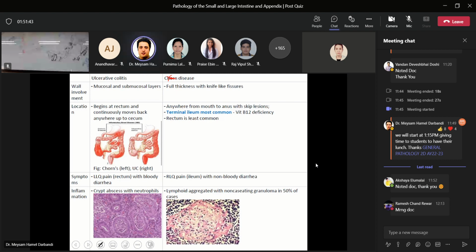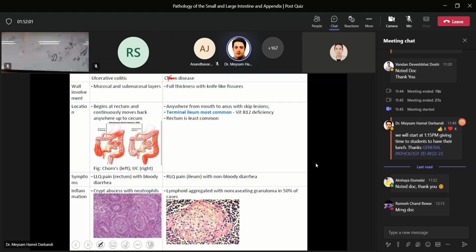That takes place in the ileum. Ileum, vitamin B12. Very good. Because its absorption of vitamin B12 is where? In the ileum.